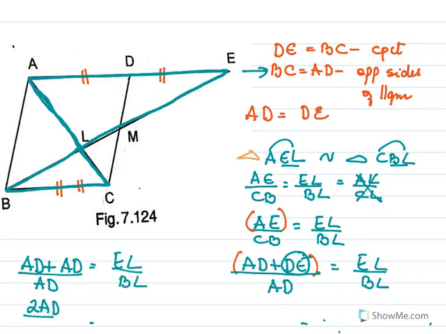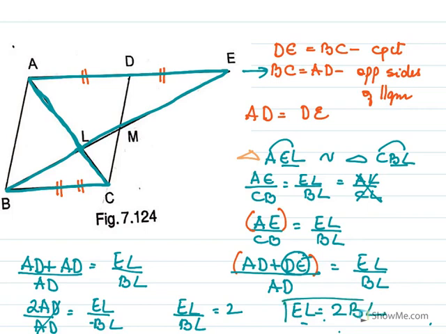So twice AD over AD equal to EL over BL. The AD cancels, so EL over BL equal to 2, which means EL is 2 times BL. We have proved it. Just to remind you, we have used AD equal to DE because they're equal, and BC is also equal to AD.